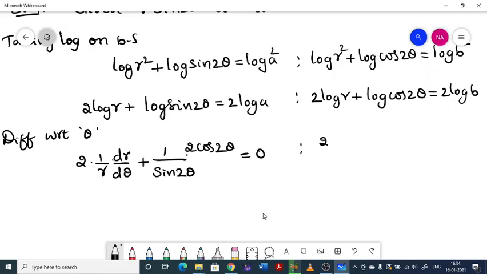Here again 2 by r into dr by d theta plus log cos 2 theta, differentiating that we get 1 by cos 2 theta into minus 2 sin 2 theta equal to 0.